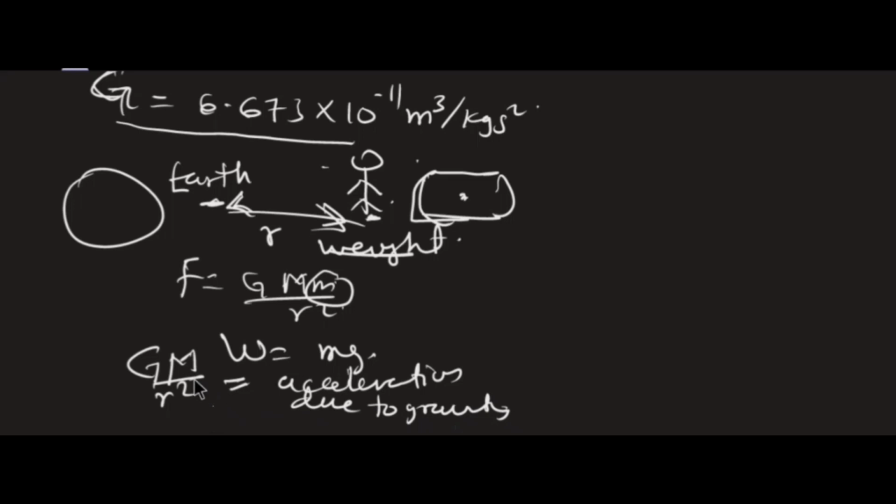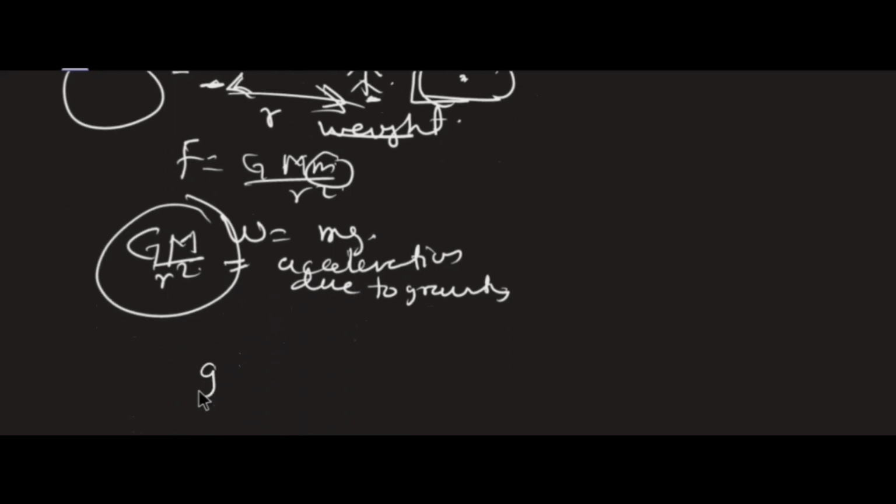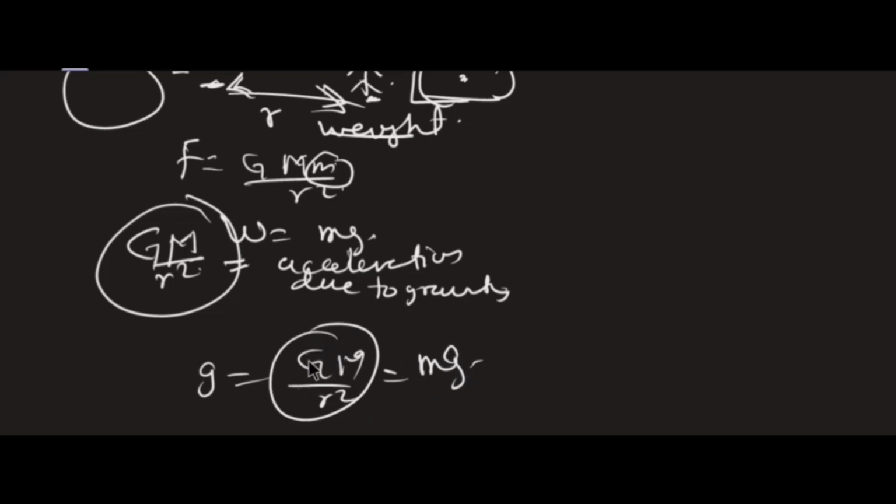So this is a constant which has been calculated, and now we are using this as small g. So you know that g is equal to GM on r squared. Hence, the weight of the body is what? Mg. Because the mass and the g here, which should have been the expression, has already been simplified.